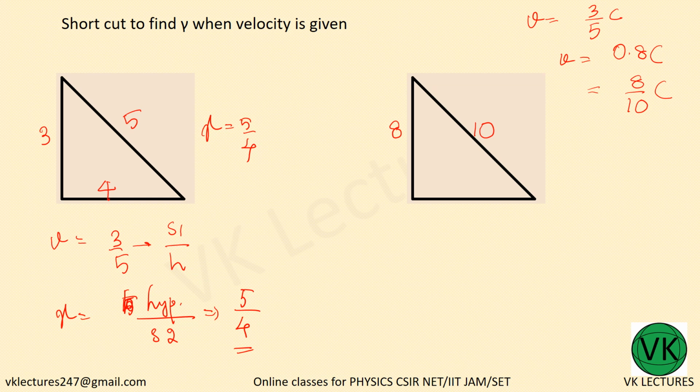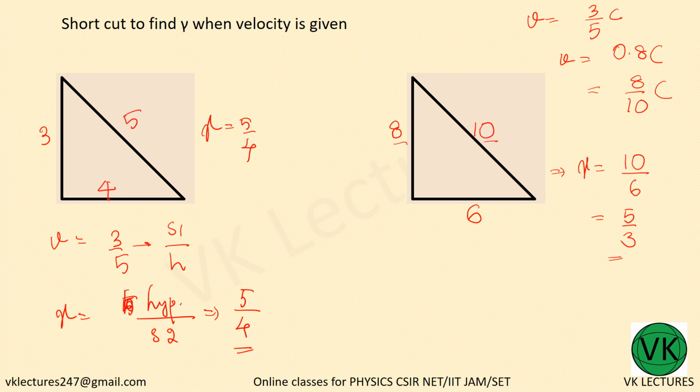So this is 10, 8 and 6, which is again another triplet. 6 square 36, 8 square 64, that is equal to 10 square 100. So what is gamma equal to? Gamma is equal to 10 divided by 6, that is nothing but 5 by 3. That is gamma.